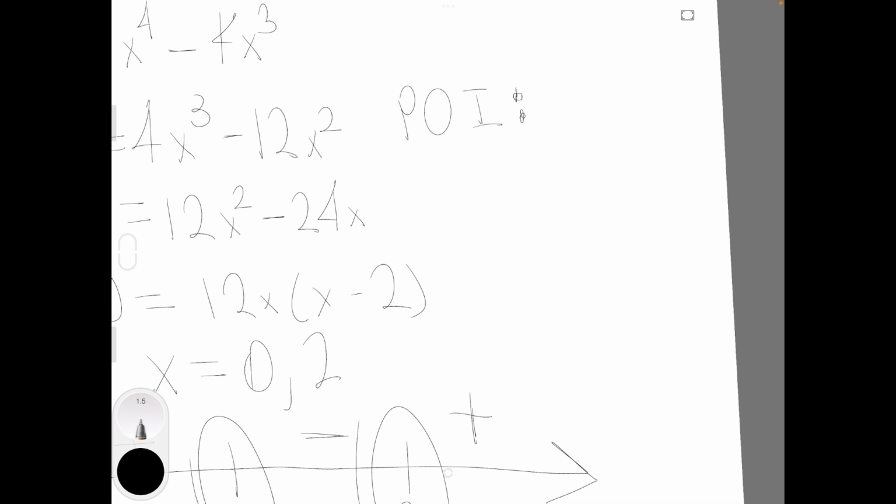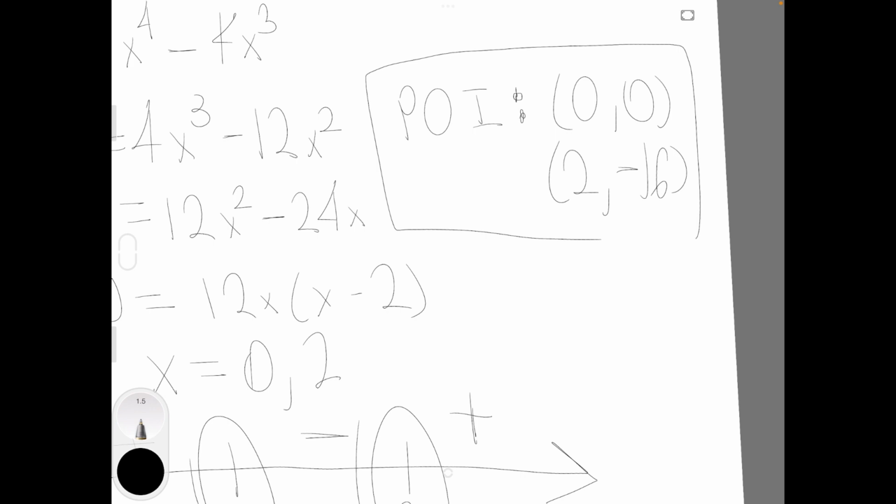Okay, so hopefully you've plugged them both in and found that the points are (0, 0) and (2, -16). And that's it. That's how you solve for concavity.